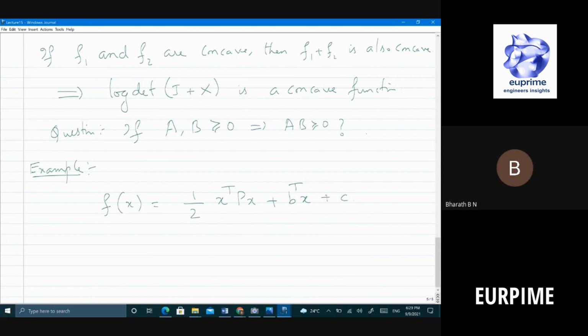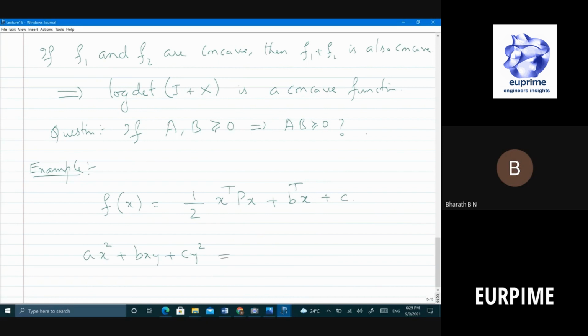So what kind of a function is this? x transpose Ax. What kind of a function is that? I'll just tell you one small thing: x squared plus bxy plus cy squared. What kind of a function is this? It's quadratic, right? In x and y.